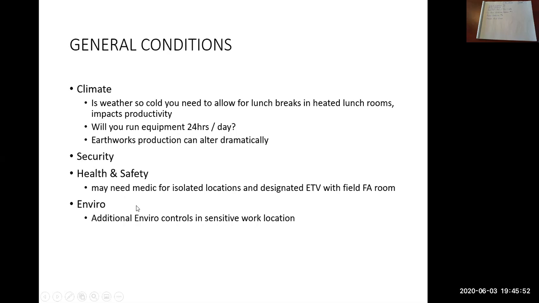Health and safety. Again, depending on how far isolated from location you are, so how far away you are from a hospital, you may need certain equipment according to the WCB, so Workers' Compensation Board. So an ETV, an emergency transport vehicle with a field first aid room.